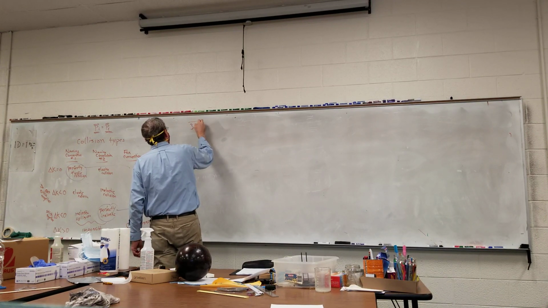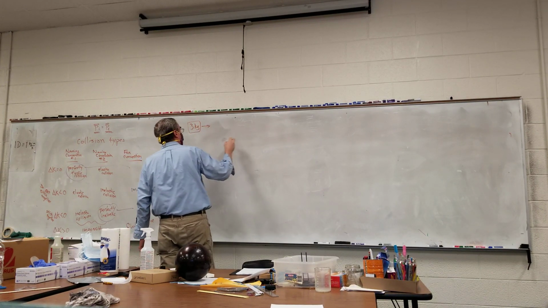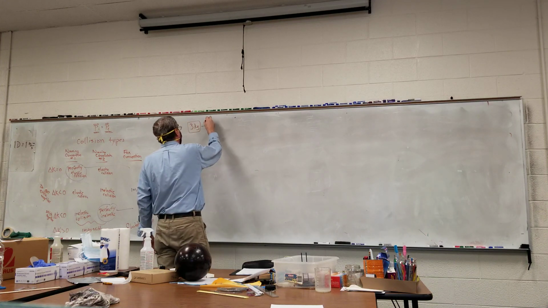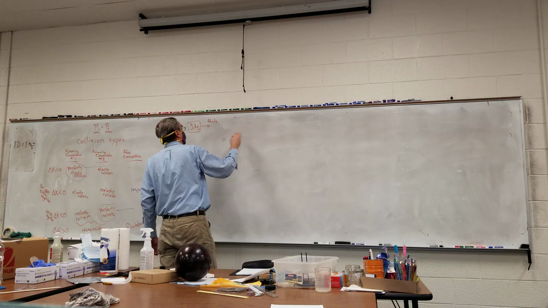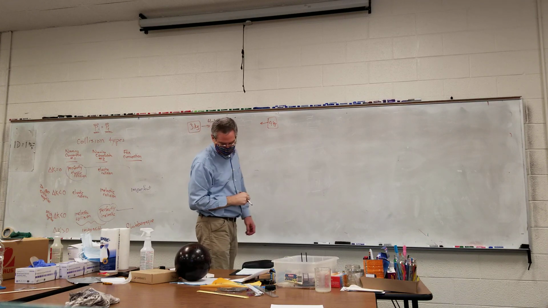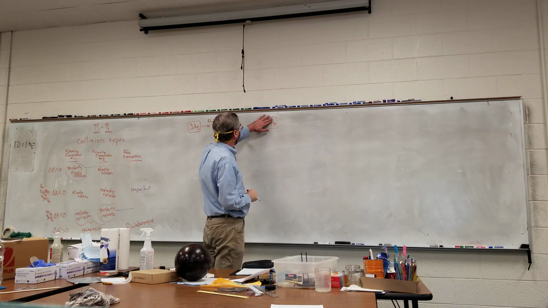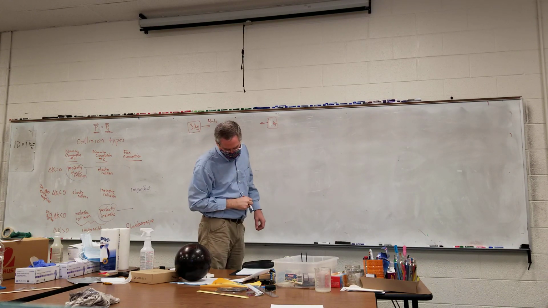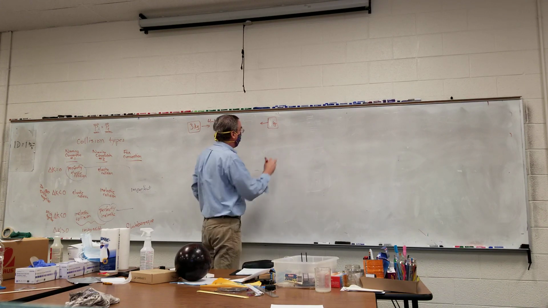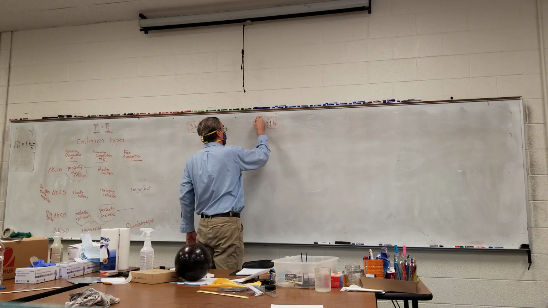So a 3 kilogram mass going to the right at 4 meters per second. And then I have a 1 kilogram mass going to the left at 6 meters per second.